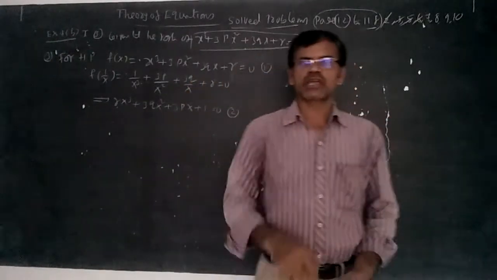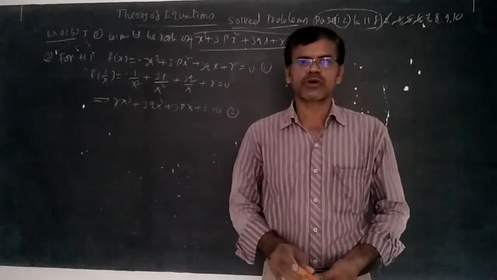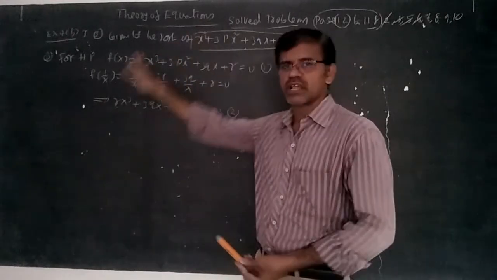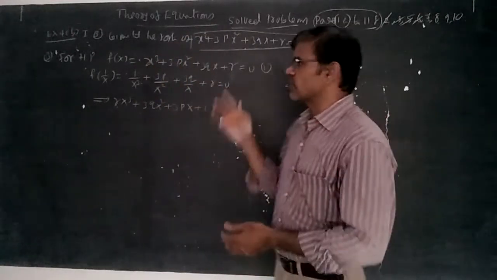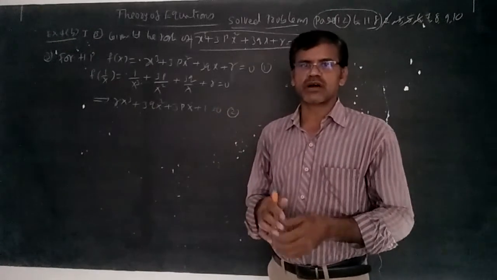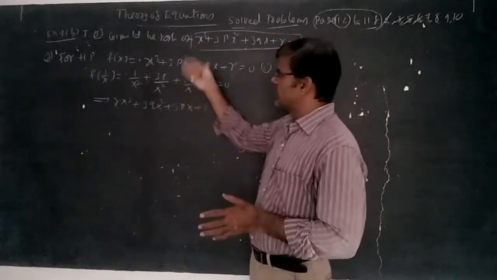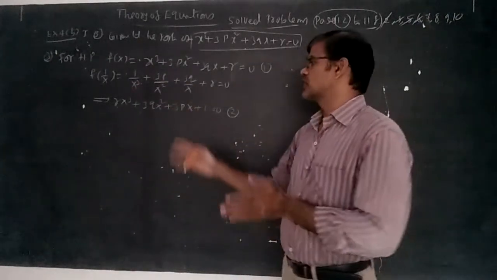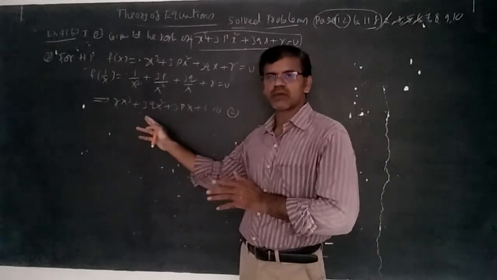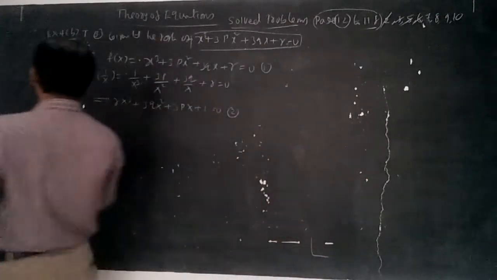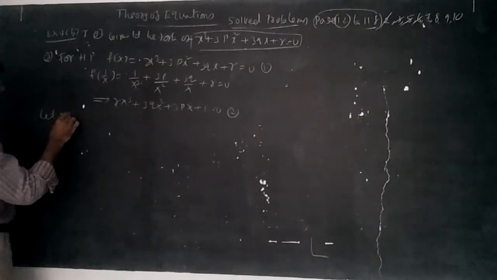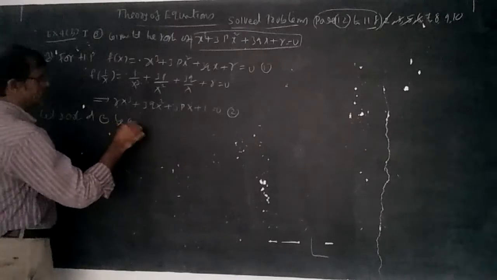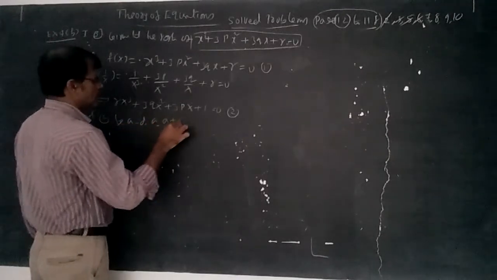For the condition of harmonic progression for the original cubic f of x, we take 1 by a minus d, 1 by a, 1 by a plus d in HP. Whenever we take the reciprocal equation of the original f of x, we can construct the a minus d, a, a plus d model. Let the roots of the second equation be a minus d, a, a plus d.